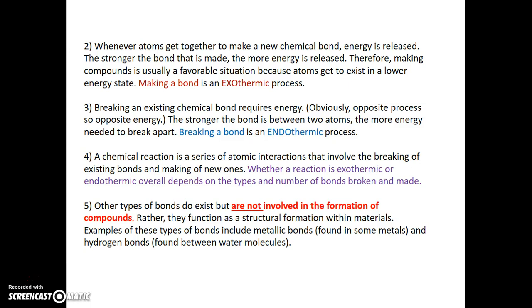Or hydrogen bonds, which you might remember from biology class. They are found between water molecules, also between water and other molecules as water interacts with other substances, and also found in the DNA molecule, which helps it keep its double helix form.